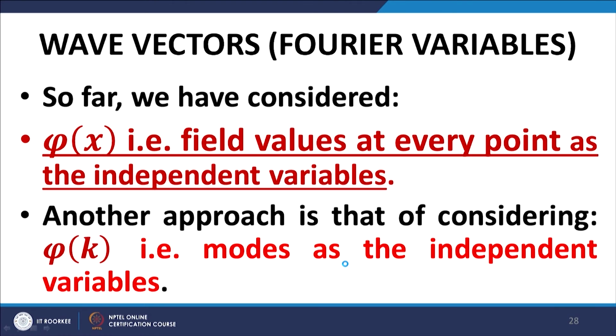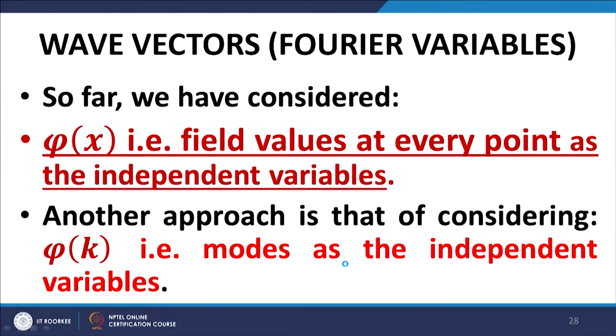Now, we introduce wave vectors or Fourier variables. So far, you see, we have considered phi x, that is, the independent variables have been field values at every point of space time. Now, we consider phi k as the independent variable, that is the modes as the independent variable.